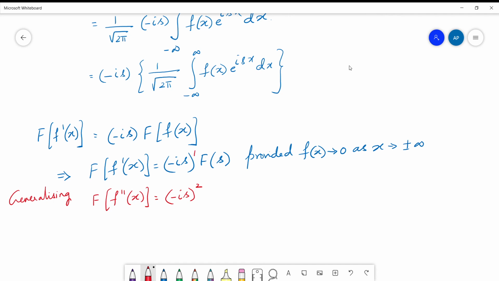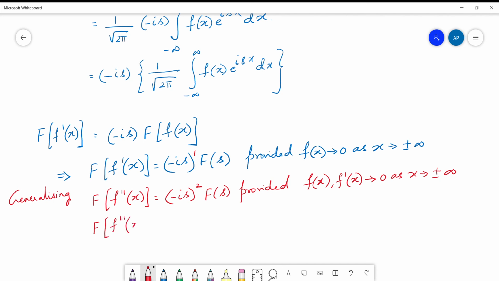If it is the second derivative, it is the power 2 into f of s, provided you have another condition there. Not only f of x, it is f of x as well as f dash of x. Both should tend to 0 as x tends to plus or minus infinity. So when you're dealing with the second order derivative, you have to have the derivative up to the first which will tend to 0.